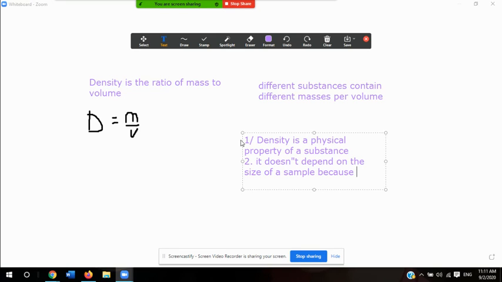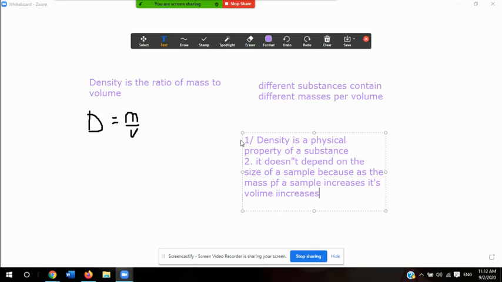Because as the mass of a sample increases, its volume increases.